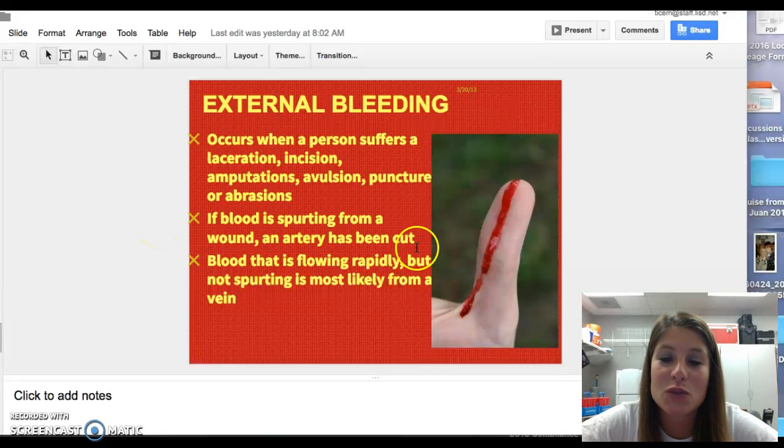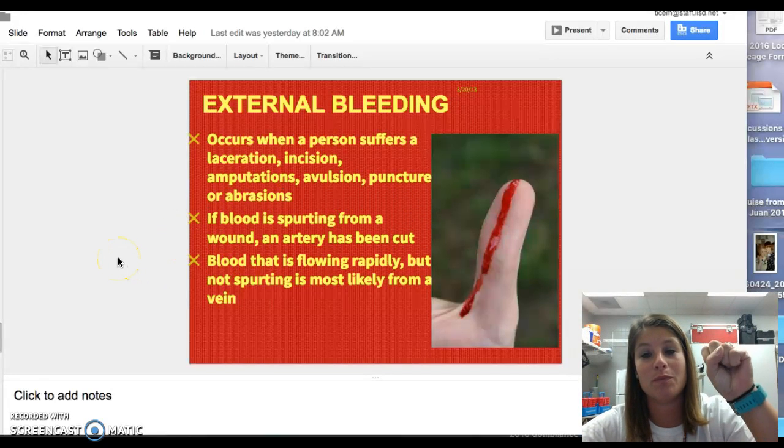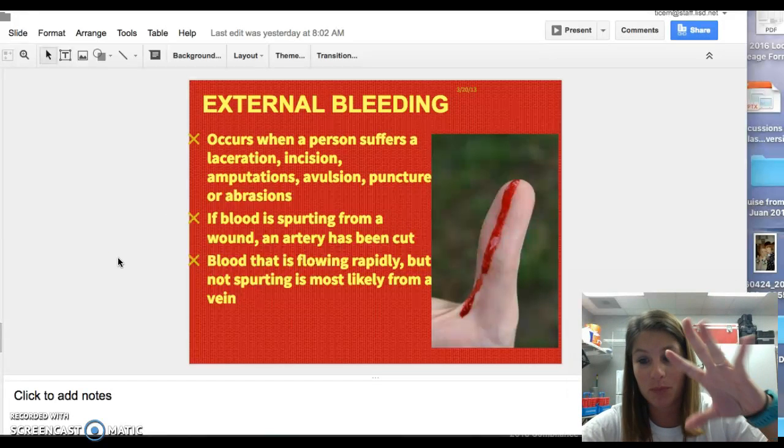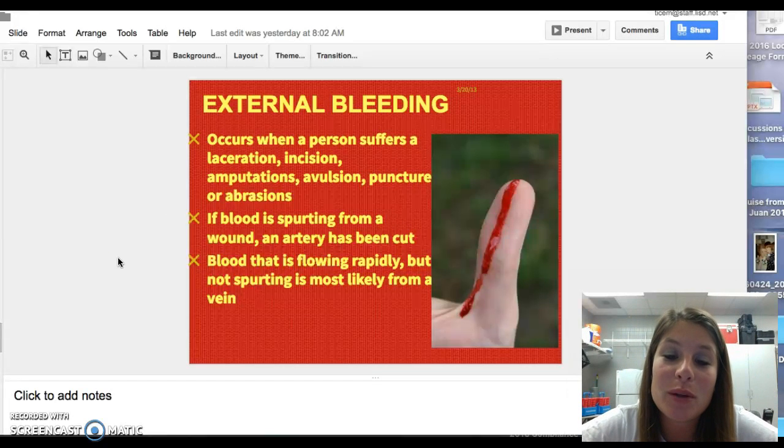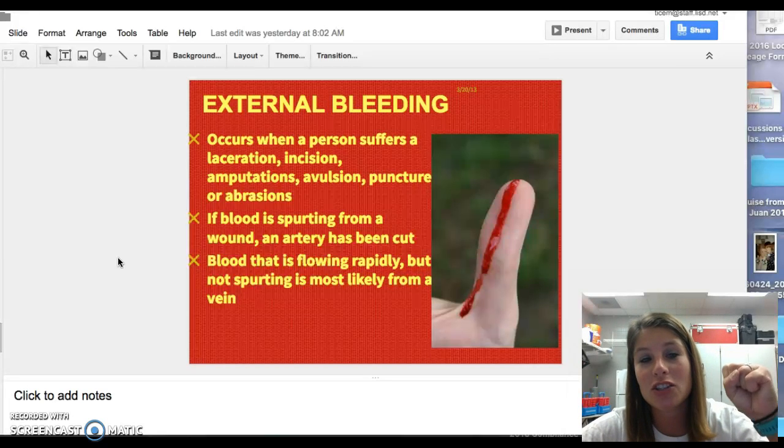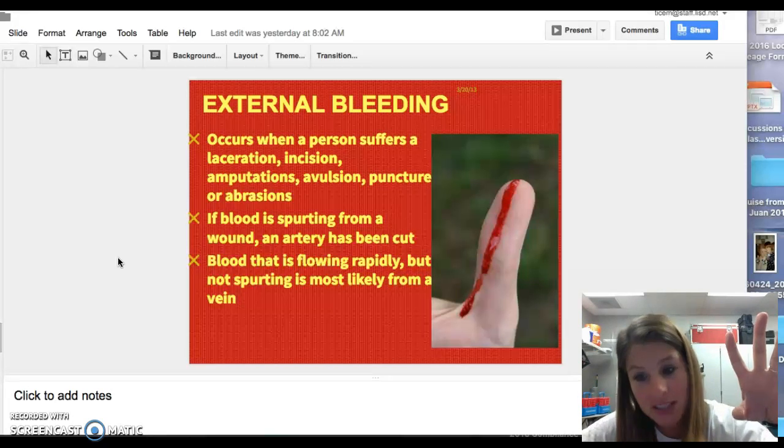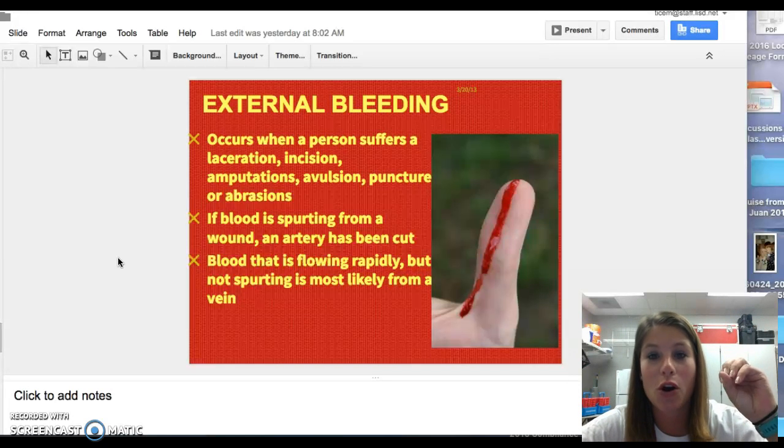If the blood is what we call spurting, which is kind of like boom, boom, boom, then that means you've actually cut the artery. Arteries carry blood away from the heart to the rest of the body, and so it actually beats or spurts in time with your heartbeat.